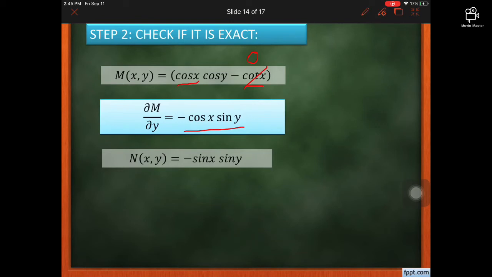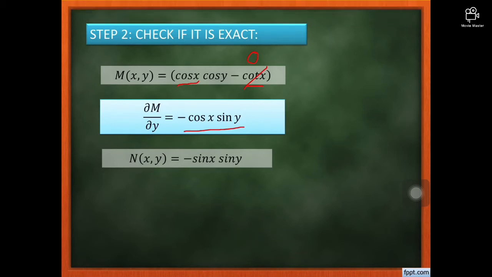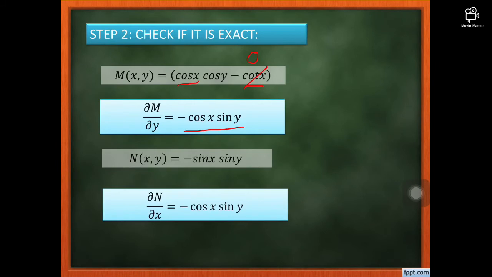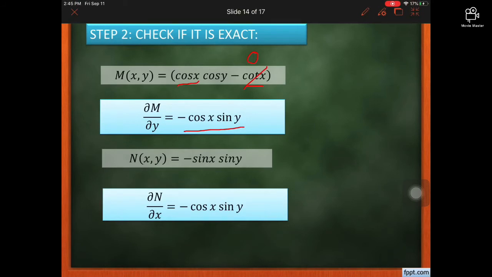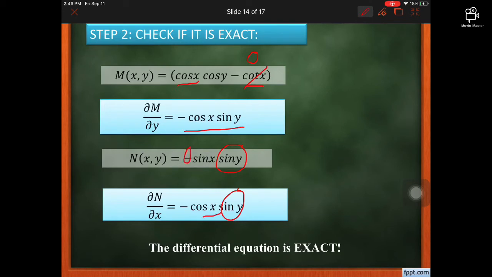Next, we have the partial derivative of n with respect to x. So, in this case, you will treat y as constant, right? So, treating y as constant, we just need to copy the sine y, and then deriving for sine x, that gives you cosine x. Copying the sign, you have negative.